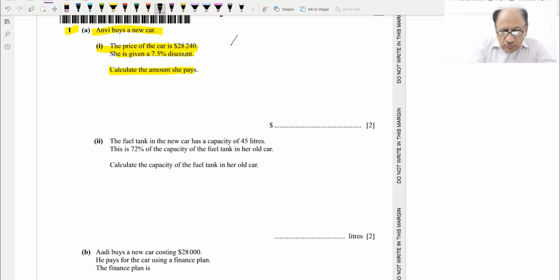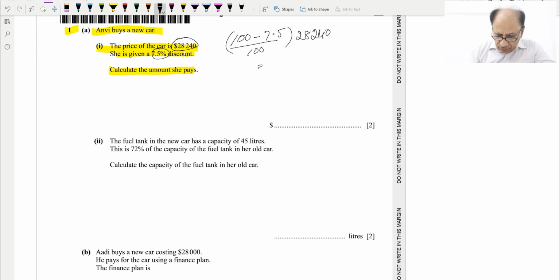So we know for a discount we take 100 minus whatever the discount is, which is 7.5. So 100 minus 7.5, divided by 100, multiplied by the total amount, which is 28240.